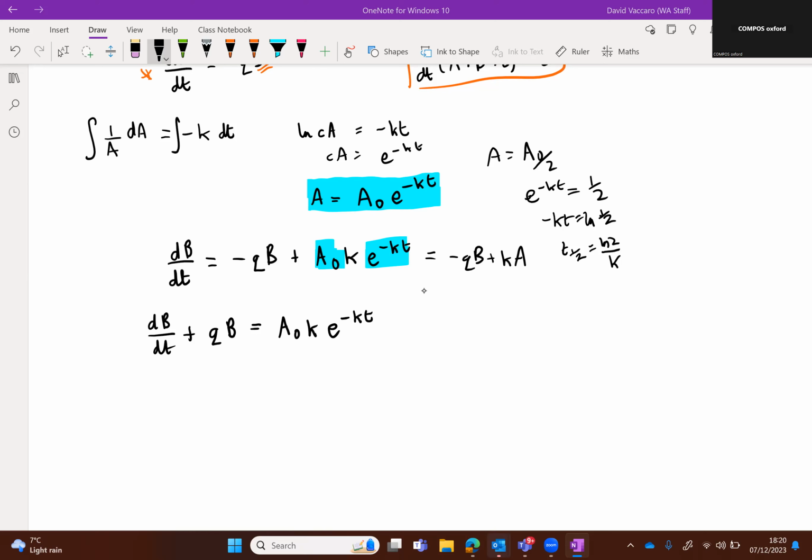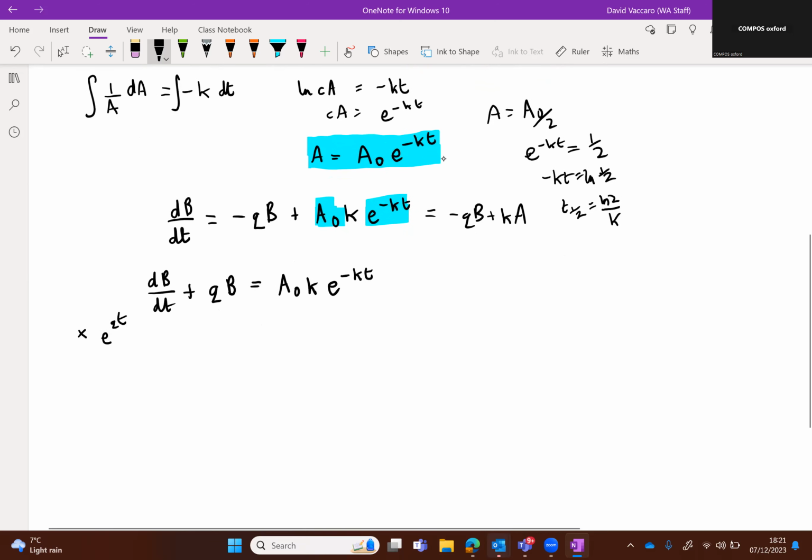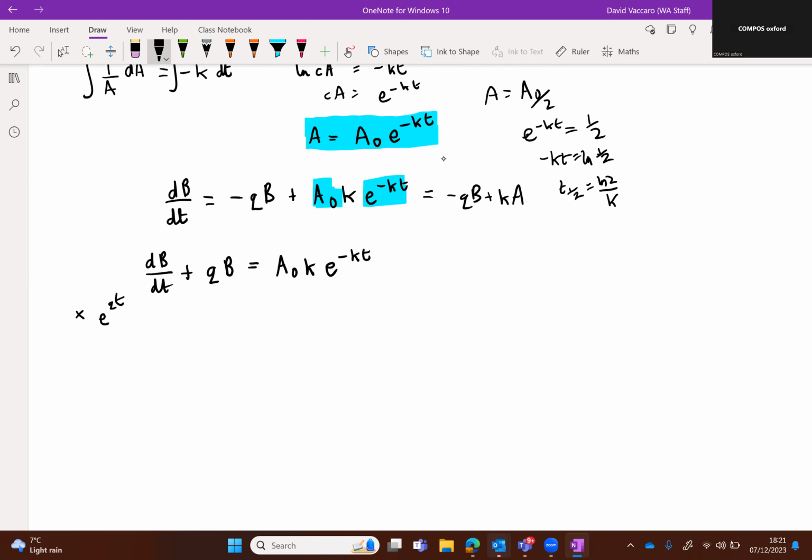Excellent. Integrating factor would be the best approach. So the integrating factor would be to multiply both sides by e to the qt. So let's multiply both sides by e to the qt.